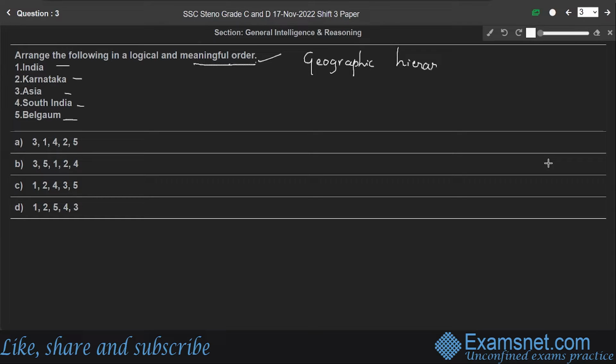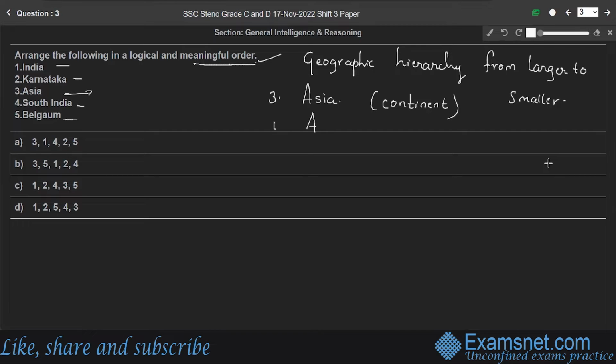When it is arranged in this way, first comes Asia, which is the third one in the given question. Asia is the largest geographic entity here. It's a continent, the largest geographic entity. So next comes India.